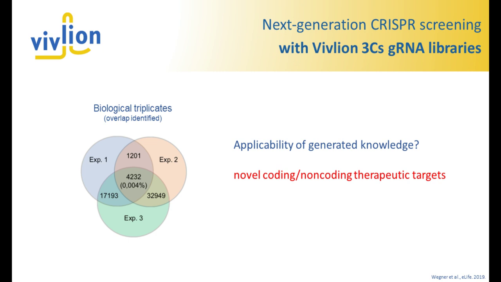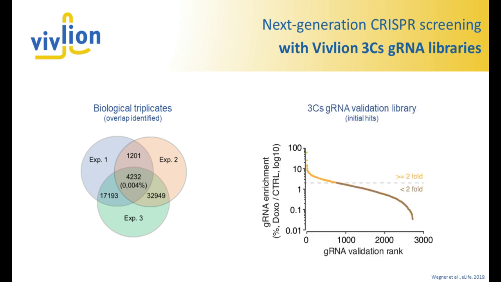We say that with this reagent you will be able to identify novel coding and non-coding therapeutic targets, and in this case the target would be doxorubicin resistance. We then made a new library, and this really is the power of this technology. It's very iterative, so we can generate these reagents very rapidly.